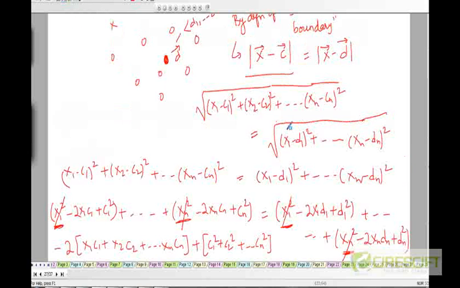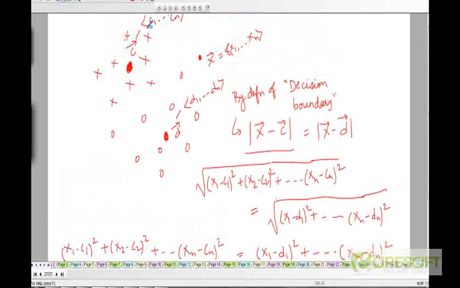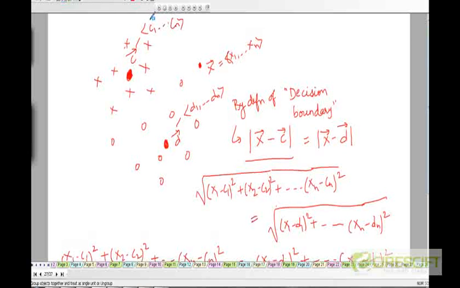If you go back to this diagram, the vector c is nothing but the vector from the origin of the vector space to this point, and the magnitude of that vector is given by the square root of the sum of the squares of each of the individual components. That's by definition the magnitude of a vector.